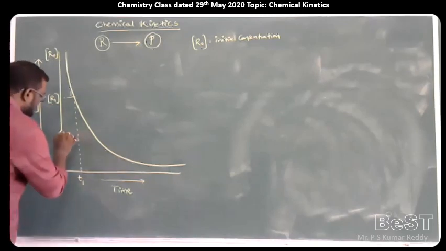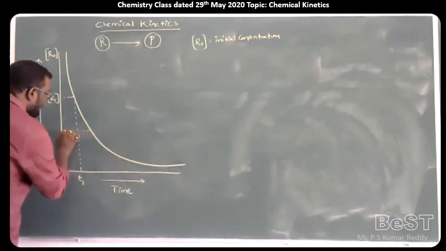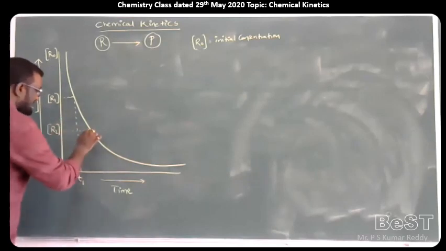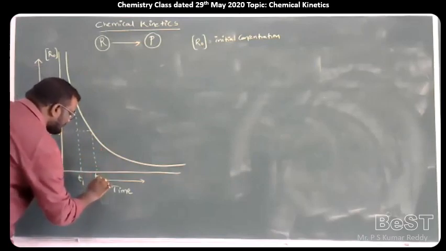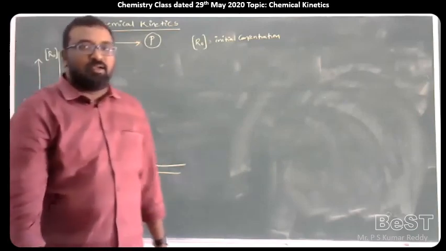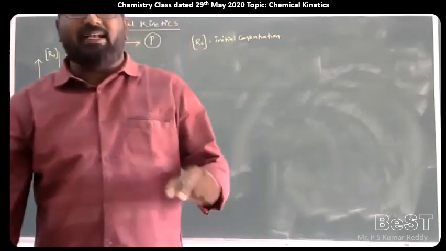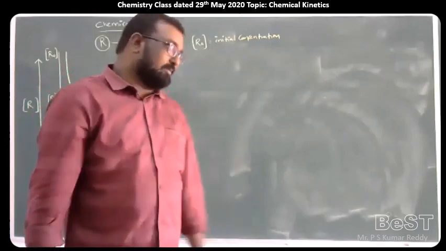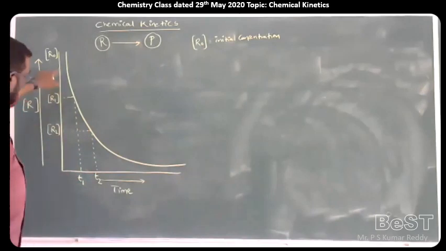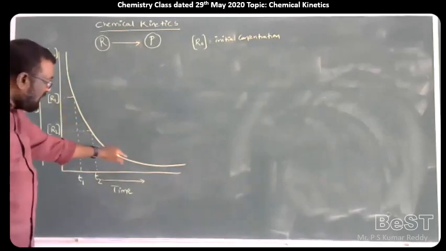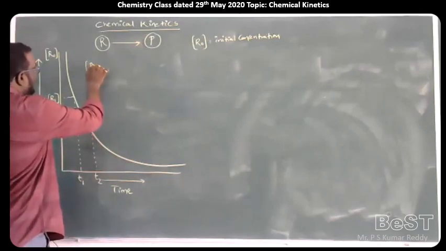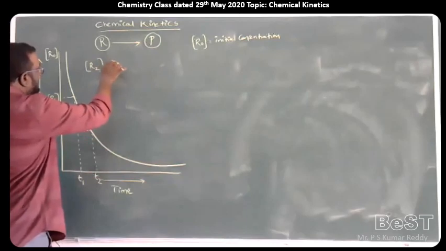In the same way, this is the concentration at T2 time. When the time is T2, the concentration is R2. As the concentration is going on decreasing, R2 is less than R1.